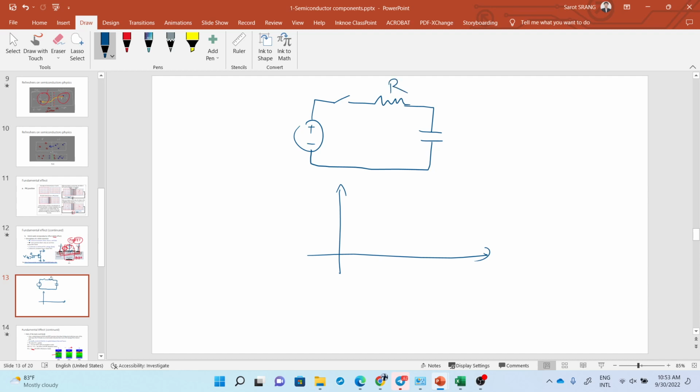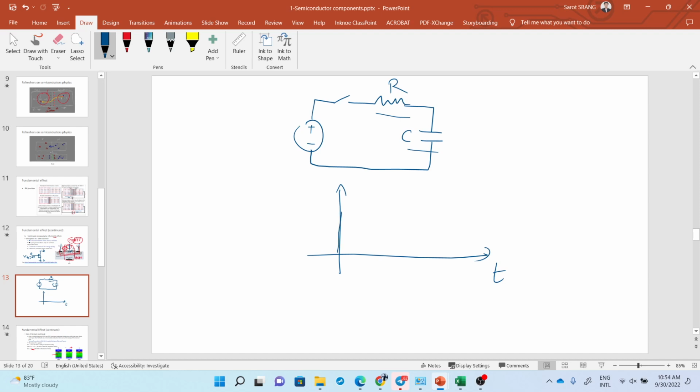This one is a resistor, this one is a capacitor, and let's say you want to switch on and off via the MOSFET. But inside the MOSFET it has a small resistance and a small capacitor.